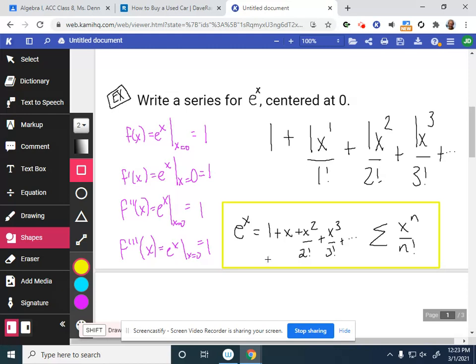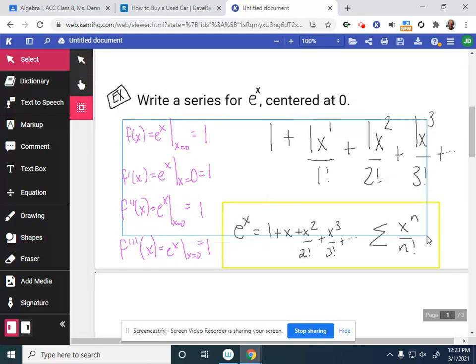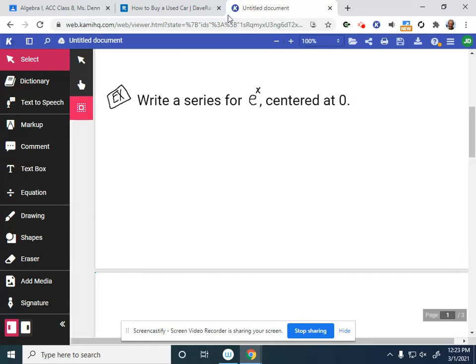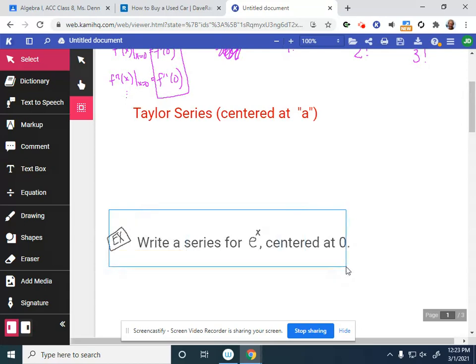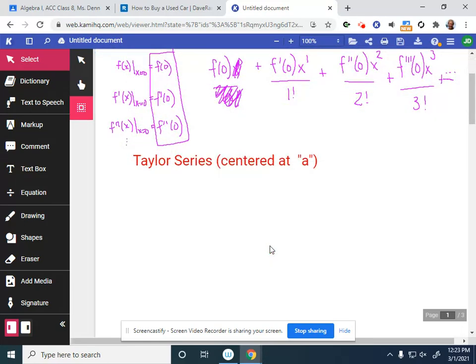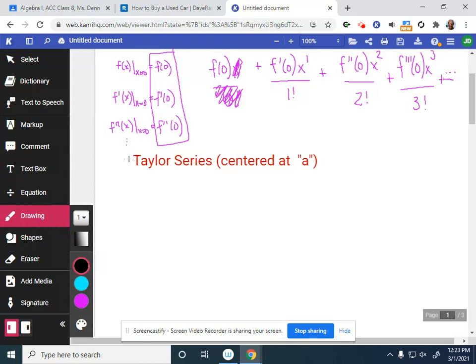We know what the series for sine x is supposed to be, or we probably forget at this point. But let's see if we can figure it out. So let's say we're going to write the series for sine x, and we don't know what it is right now. So f of x is the sine of x.